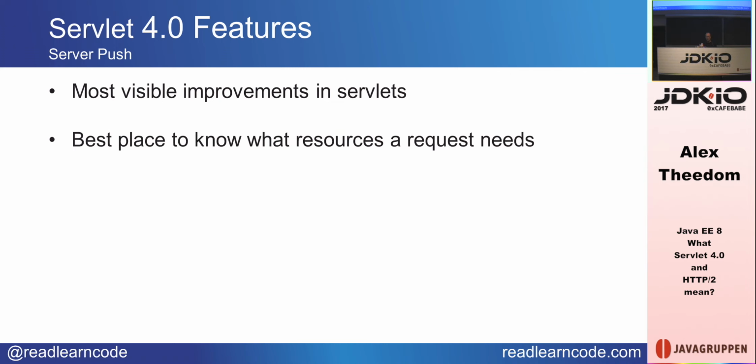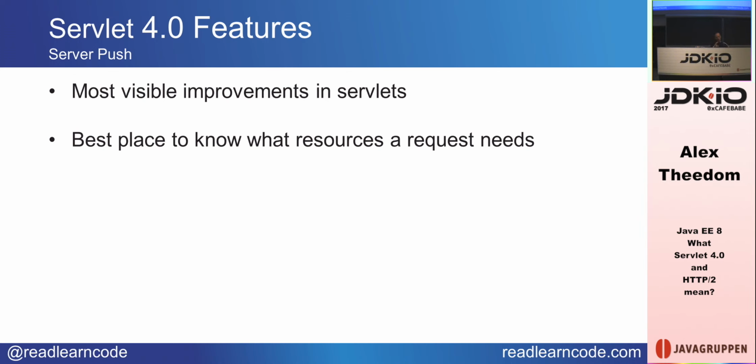So Server Push is implemented in the servlets because it's generally the best place to implement it in the servlet layer, because that's where the requests come into, and that's where frameworks are implemented. They're implemented around servlets, essentially.